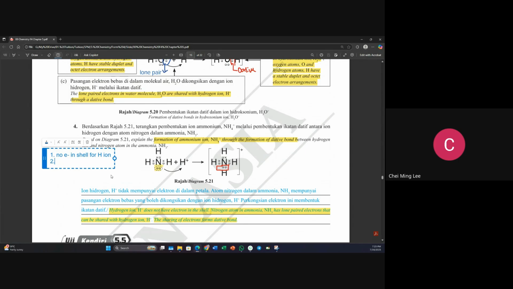Then after that we talk about the nitrogen lone pair electron, and then they form the dative bond. This is how you should answer. So that gets 3 to 4 marks up. If with drawing, maybe 4 to 5.